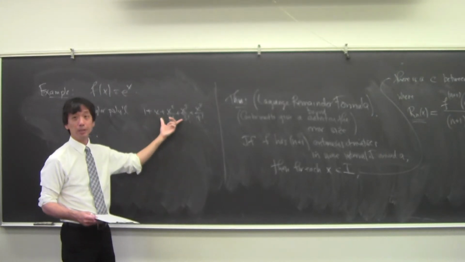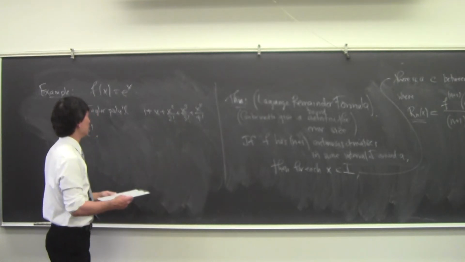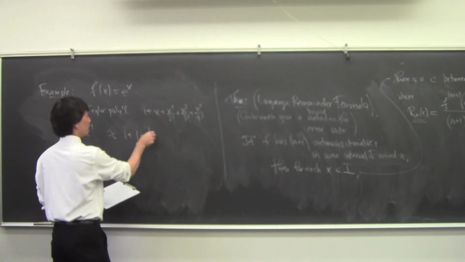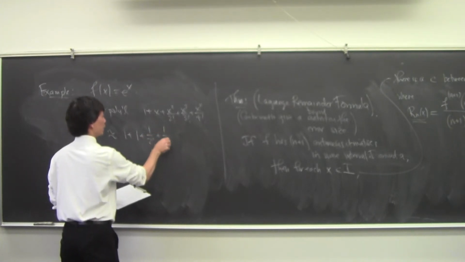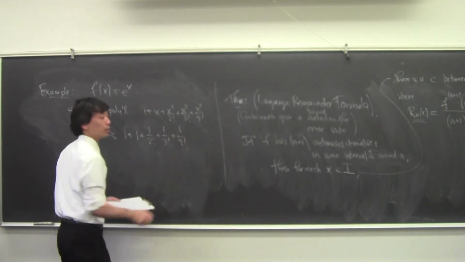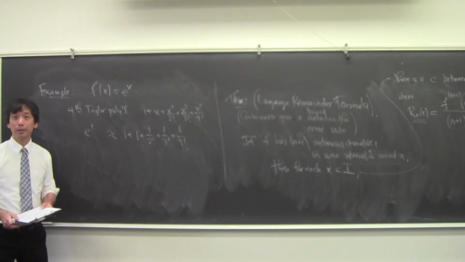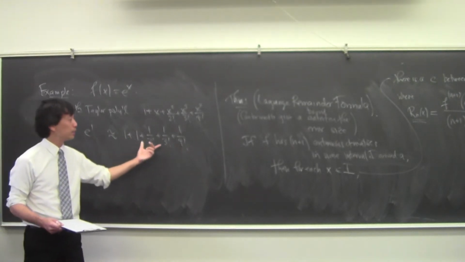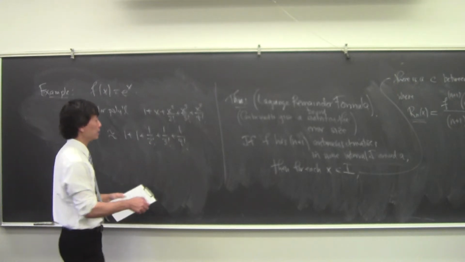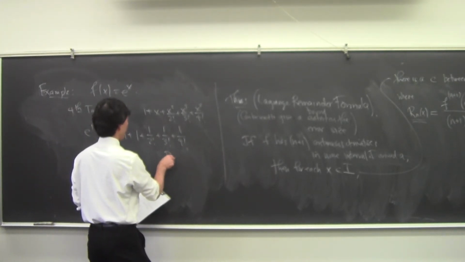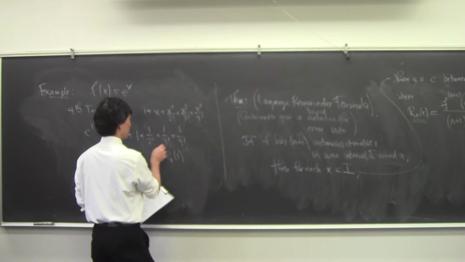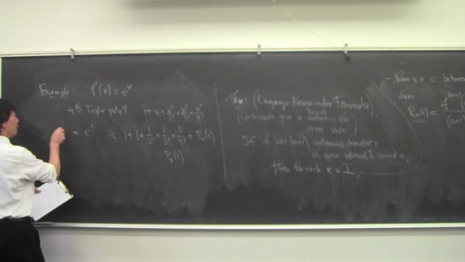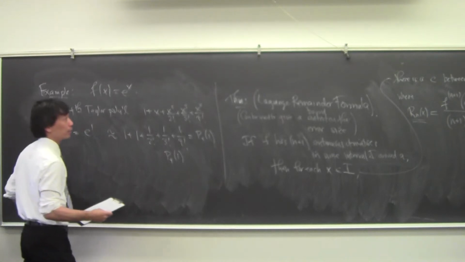And so you say, well, I have this Taylor approximation, so I know that this is going to be something like 1 plus 1 plus 1 over 2 factorial plus 1 over 3 factorial plus 1 over 4 factorial. That's your Taylor polynomial, this is P sub 4 at 1, and this is your function at 1.